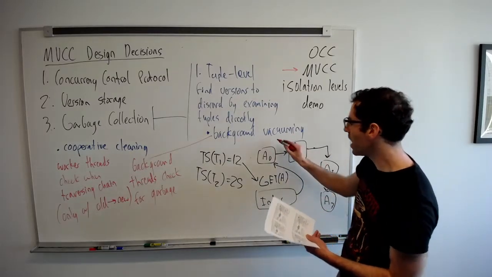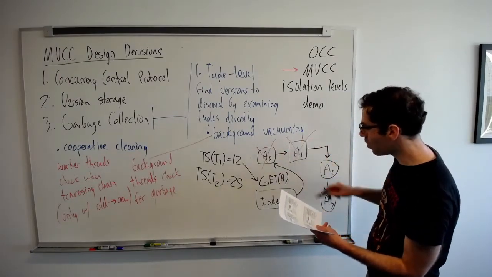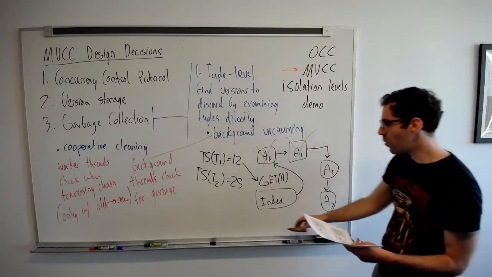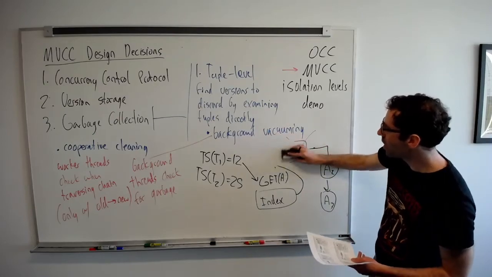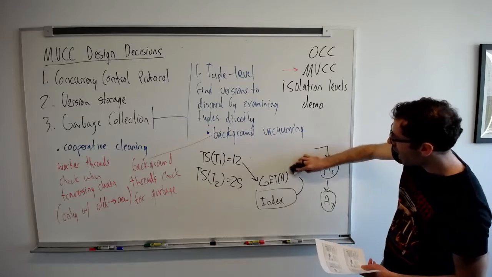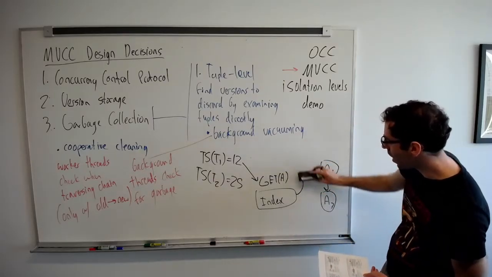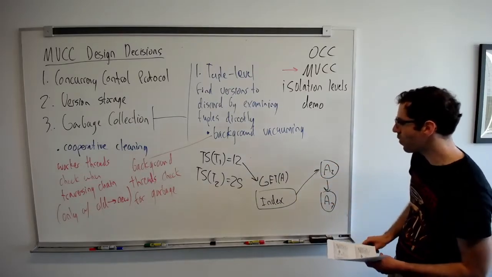We say, all right, yes, A0 is too old, go to A1. Okay, A1 is also too old, we don't need that. A2, that's the one that we want. At this point, we reclaim the space from A0 and A1, and then we need to update the index to refer to the new head of our version chain.